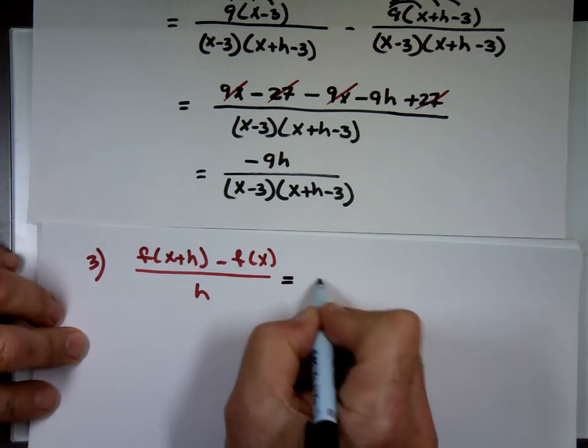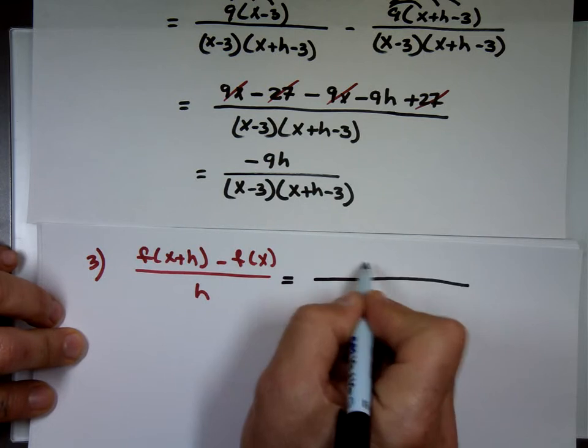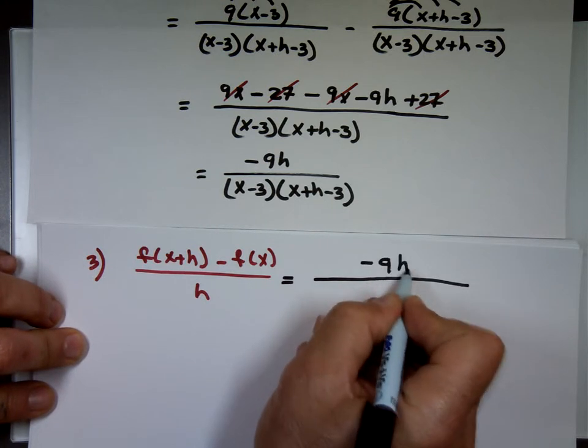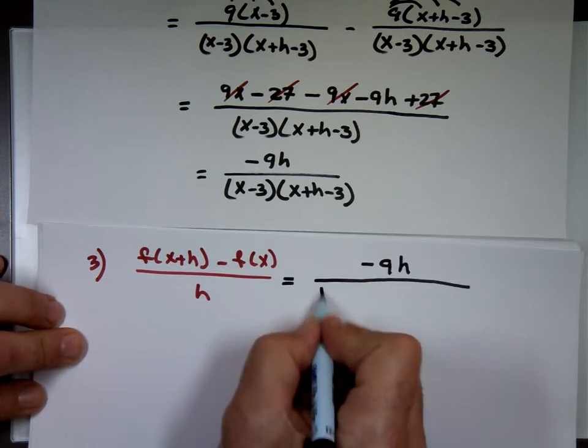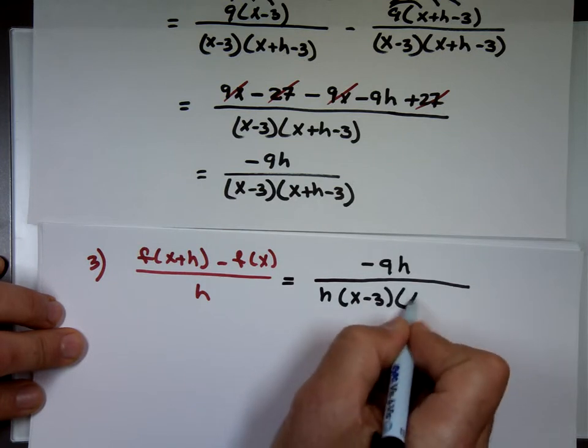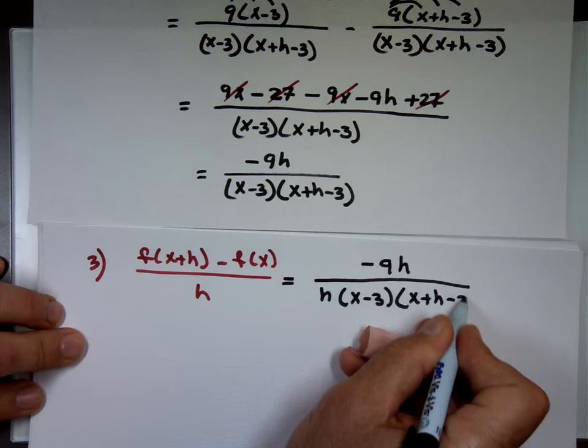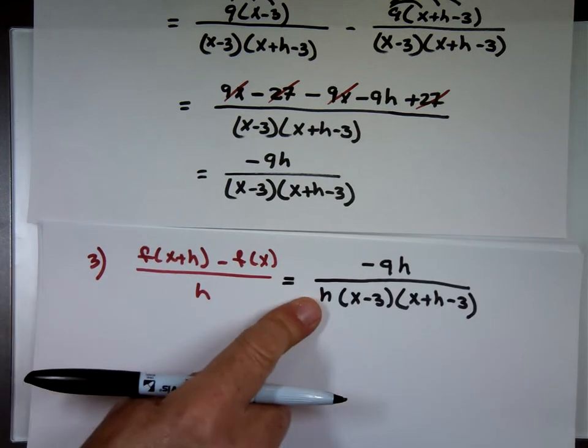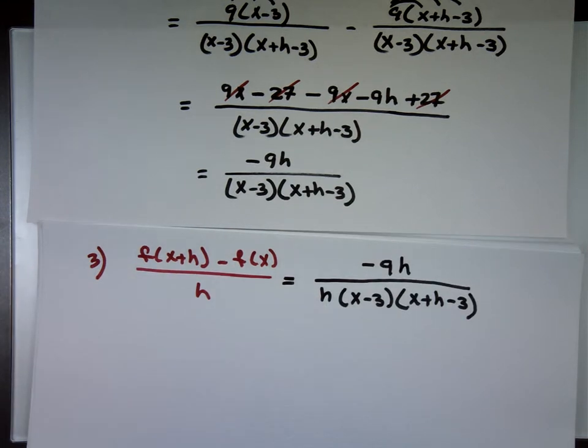When you have a fraction and you want to divide it by h, the quickest way is just stick an h in the bottom. Notice I just dropped an h in the bottom. If you're dividing a fraction by h, just add h to the bottom. Because dividing by h is the same thing as multiplying by 1 over h.